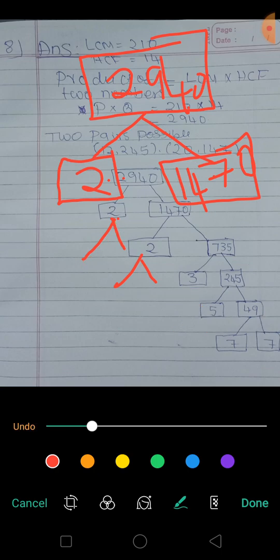So 2 is one factor. Now, how can I separate 1470 into two parts?